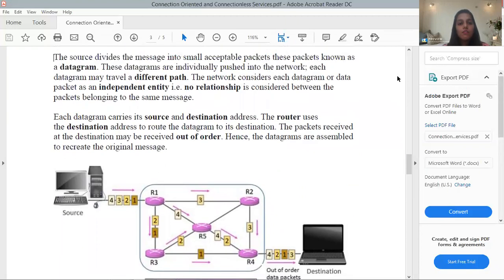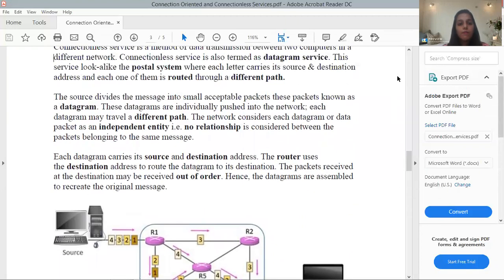Okay, so the datagrams are individually pushed into the network. Each datagram may travel a different path. The network considers each datagram or data packet an independent entity, with no relationship, and each datagram carries a source and a destination address.